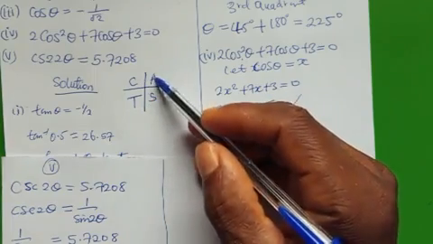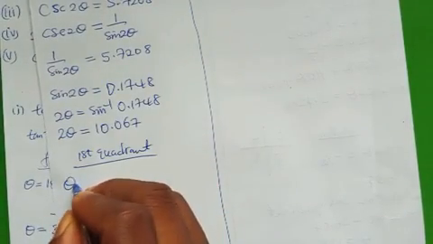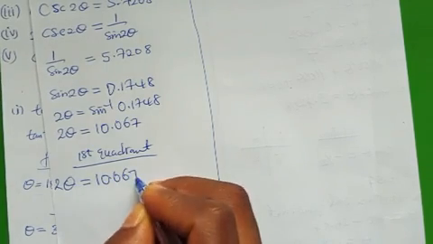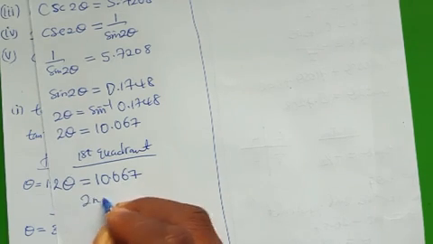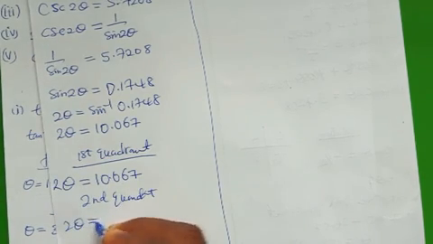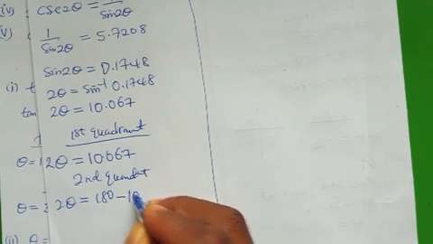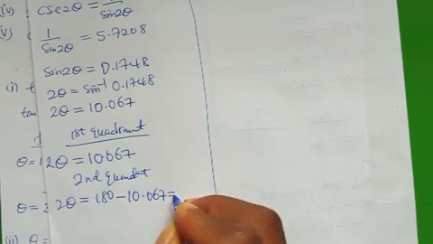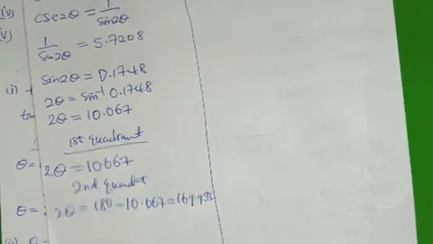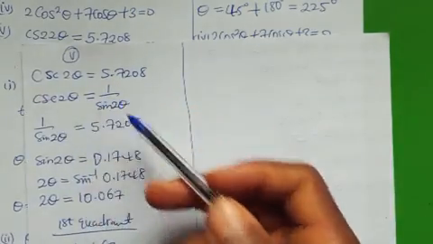So in the first quadrant, 2 theta is equals to 10.067, and for the second quadrant, 2 theta is equals to 180 minus 10.067, which is equal to 169.933. So if you substitute this answer in place of 2 theta in any of these two equations, you are going to have 5.7208.